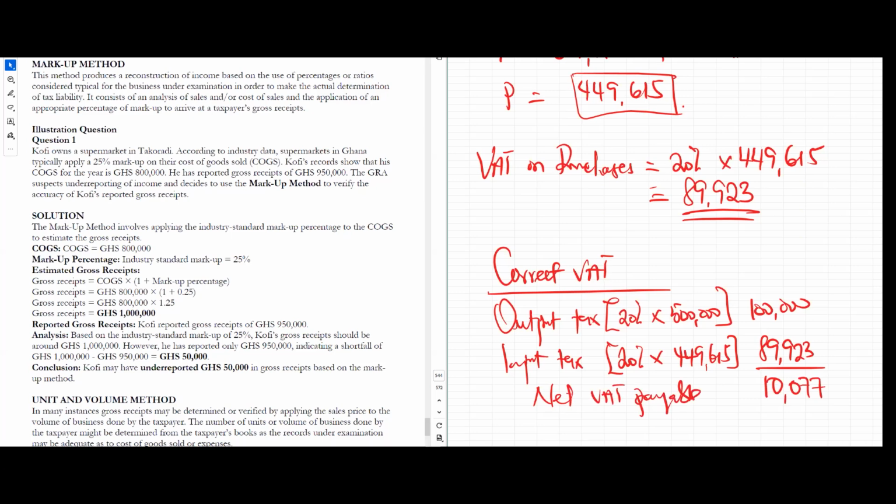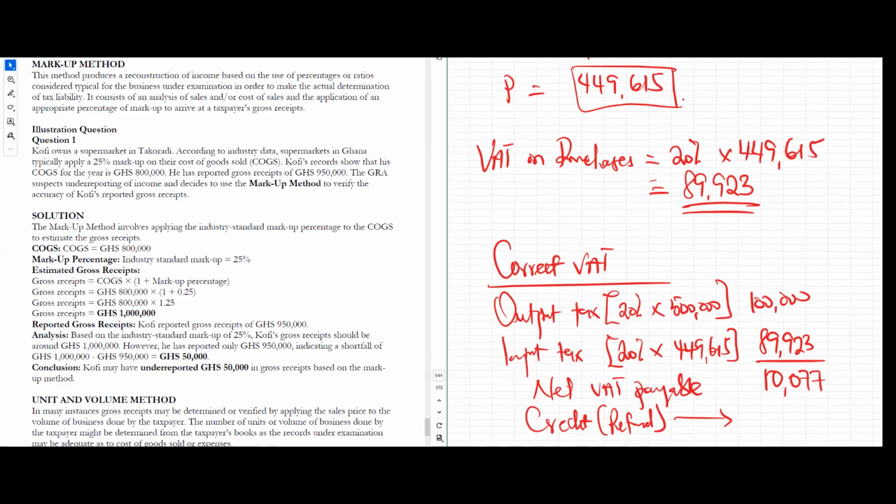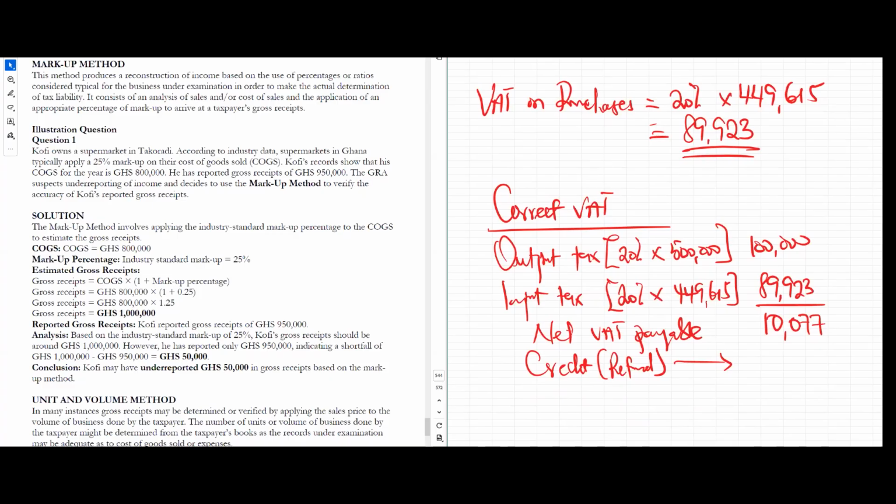But here lies the case. He has already paid what? So what's the credit that we are going to give, or the refund? He paid VAT of 60,000, but he's actually supposed to pay 10,000.